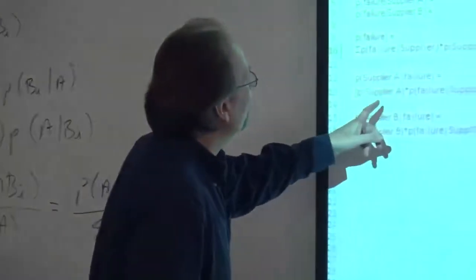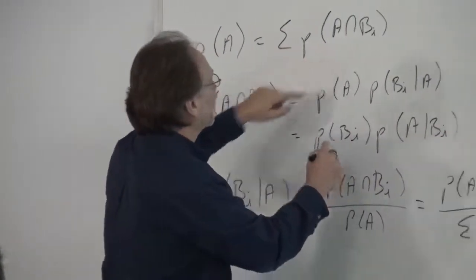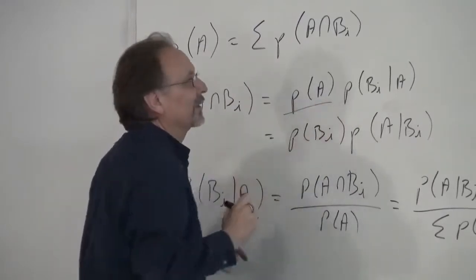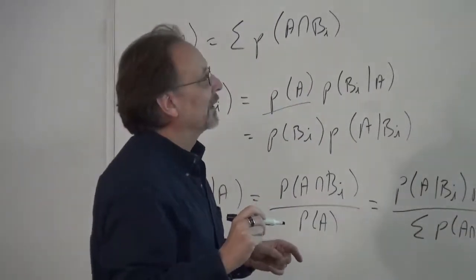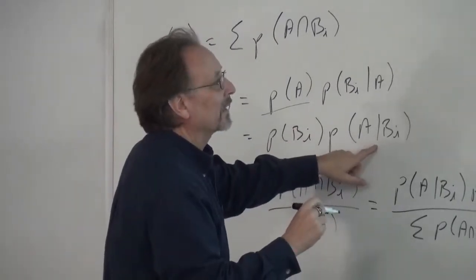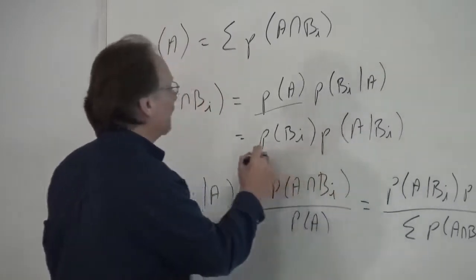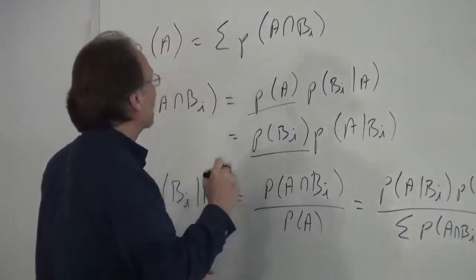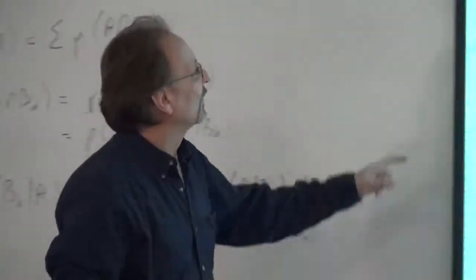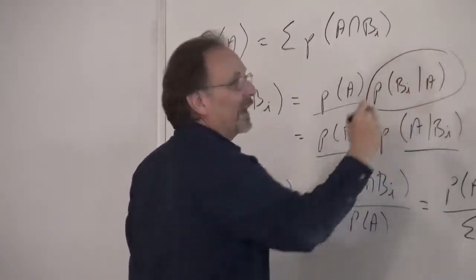You take the relationship of these two right here, because we know the probability of each one of the suppliers, and we know the probability of failure given the supplier. Okay, so we know this one right here, so all we need to do is solve for that.